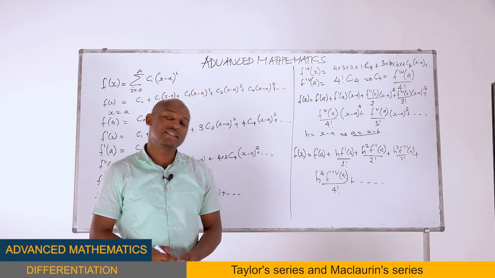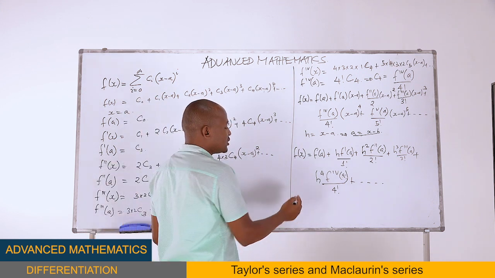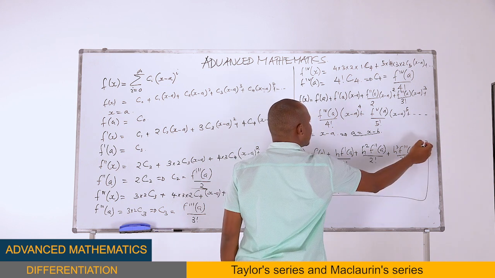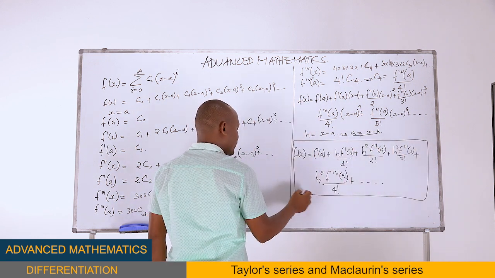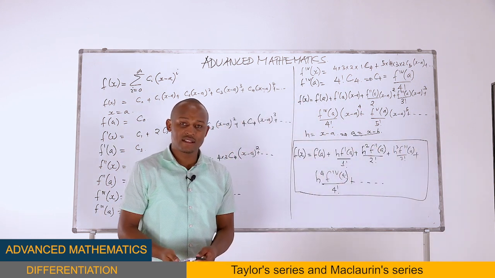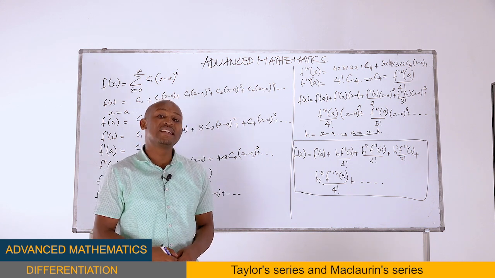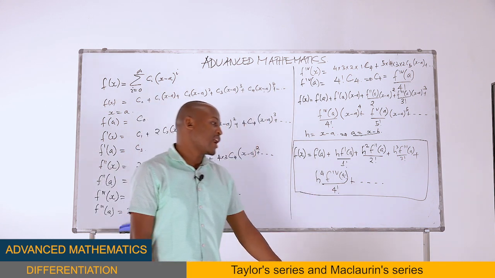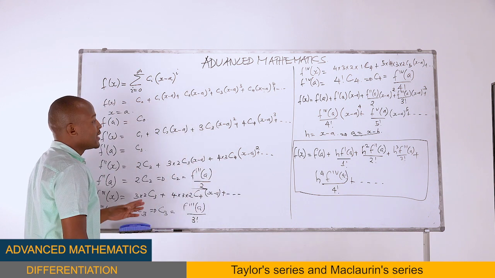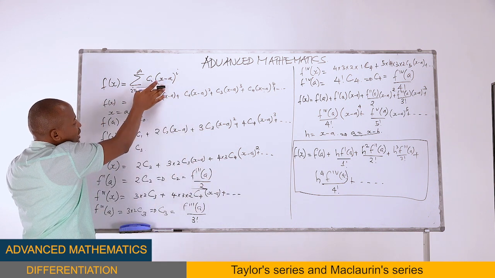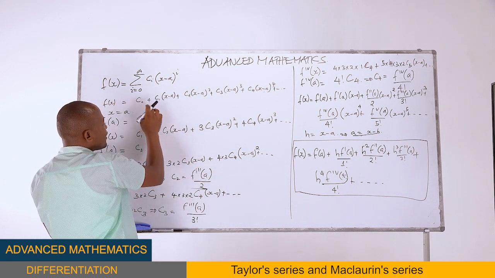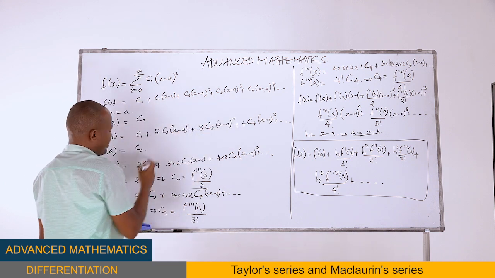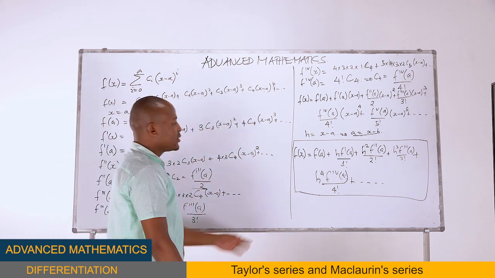So this is what is called a Taylor's series, or Taylor's expression, or Taylor's expansion. This is how it is found. So from the definition, you go on finding the values of c, then you find the derivatives up to when you reach that point.